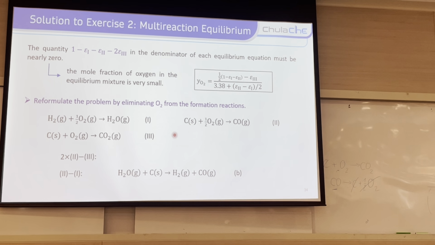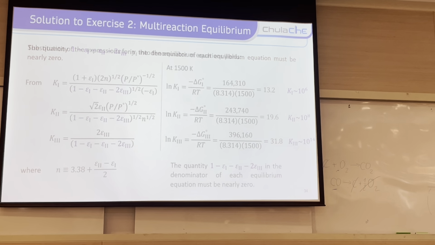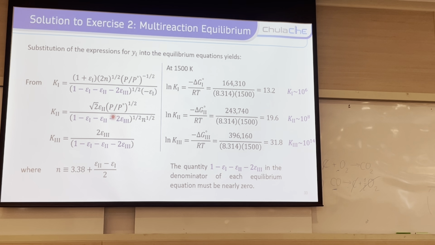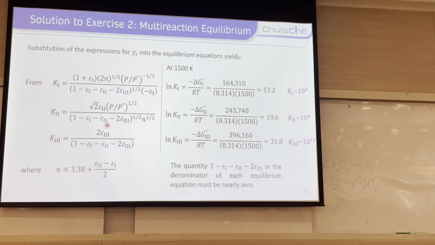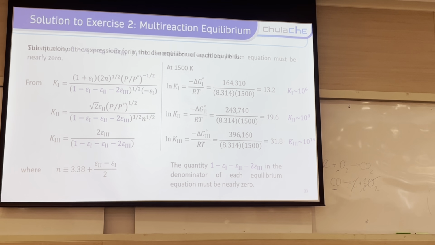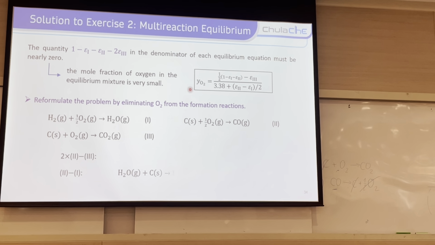But when they formed the equations in this slide and checked the equilibrium constant for each equation, again they found that the denominator of each equation must be nearly zero, and that means the mole fraction of the oxygen must be very small in the mixture.